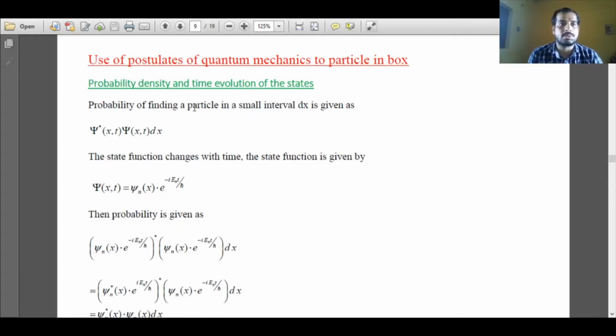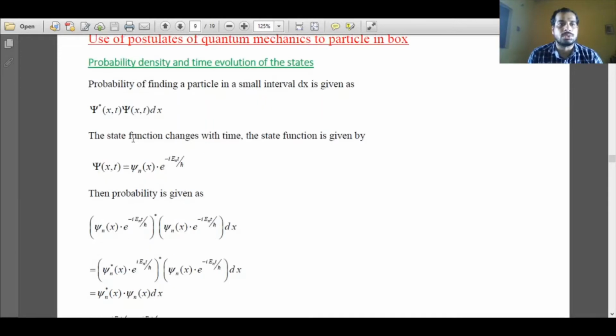First we will discuss probability density and time evolution of state. The probability of finding a particle in a small interval dx is given as psi star into psi dx, where the wave function psi is a function of both position and time. The complete wave function is defined as the product of a spatial part and a temporal part.